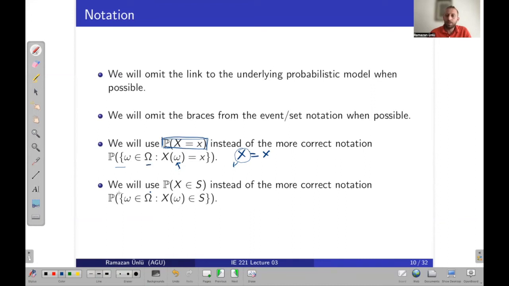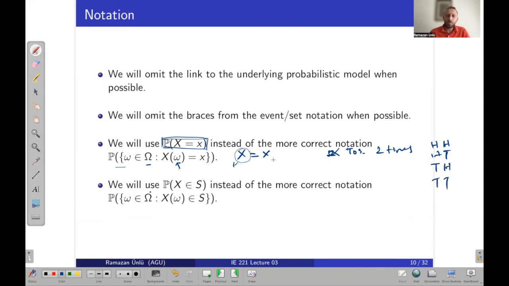For example, in the tossing a coin example, tossing a coin 2 times. What was our omega? It is hat-tail, hat, and tail, right?